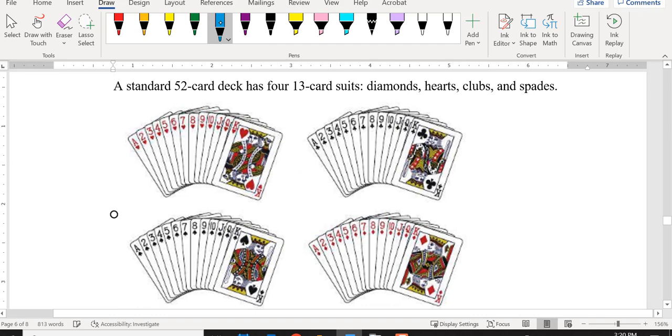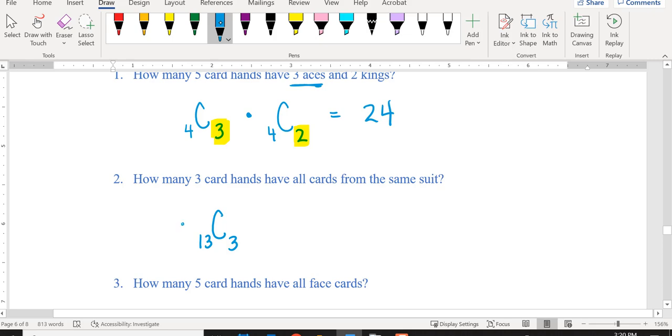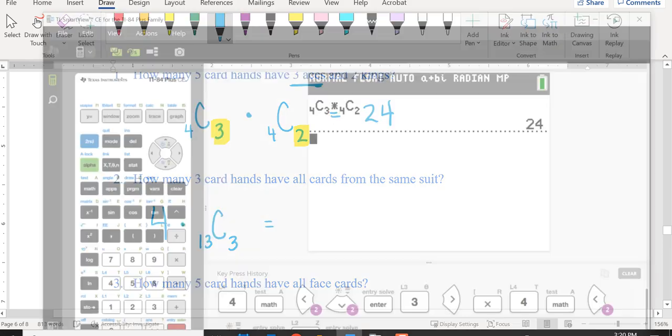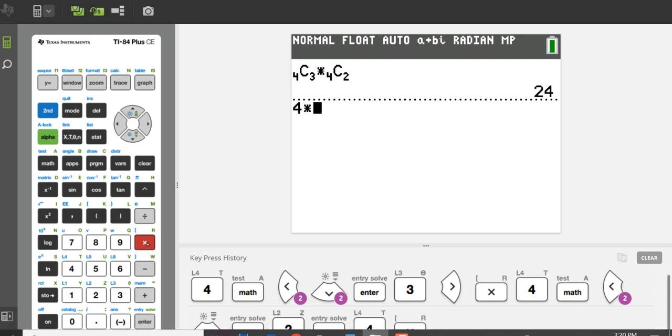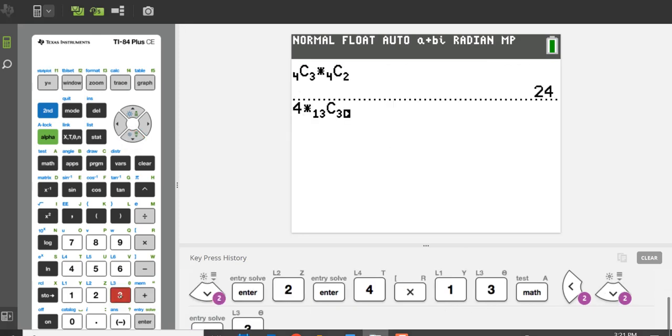You want to pick 3 cards from those 13 cards. But you can do that with all 4 suits, so you're going to need to multiply this by 4. So 4 times the combination of 13, pick 3, is 1144.